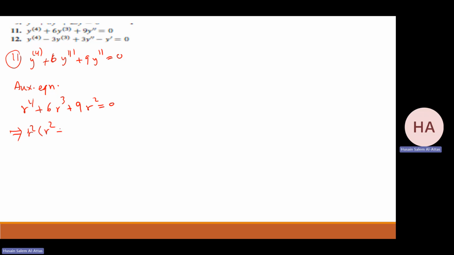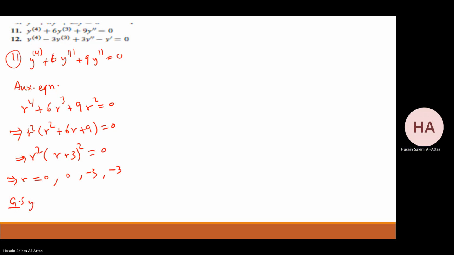What I will get? r squared plus 6r plus 9 equals 0. So I have r squared times r plus 3 squared. So I have roots 0, 0, minus 3, minus 3. These are the roots. General solution, y equals C1 plus C2x plus C3 e to the minus 3x plus C4 x e to the minus 3x, because it's repeated.